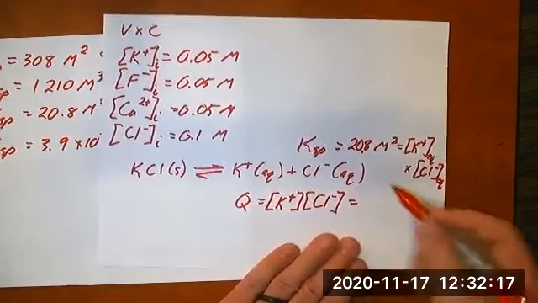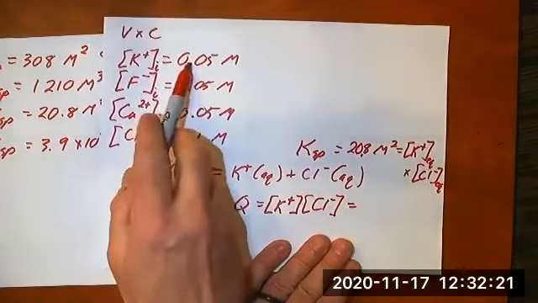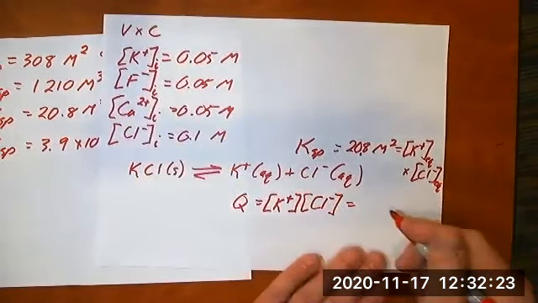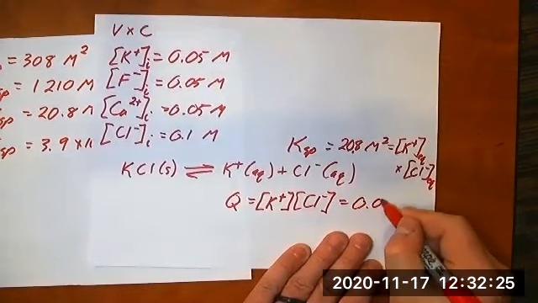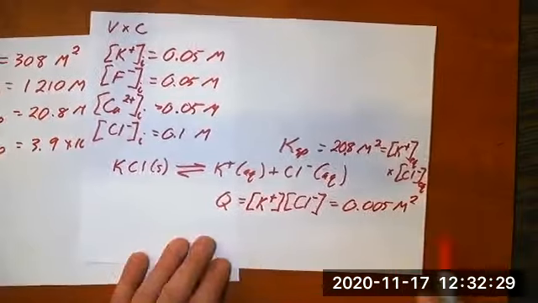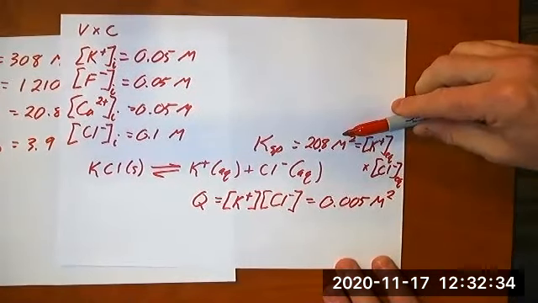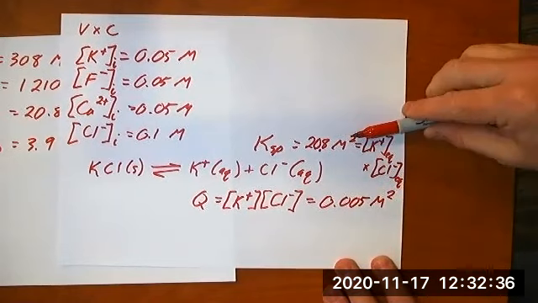So in this case, we have 0.1 times 0.05, and we get a Q of 0.005 molar squared. So how does that relate to the KSP? It's significantly smaller than the KSP.